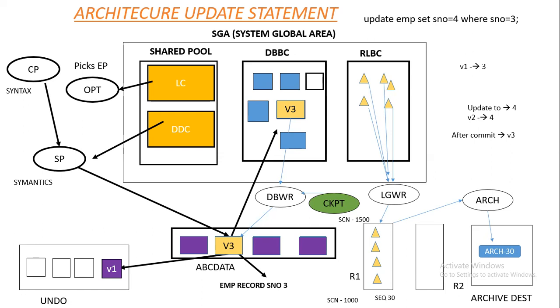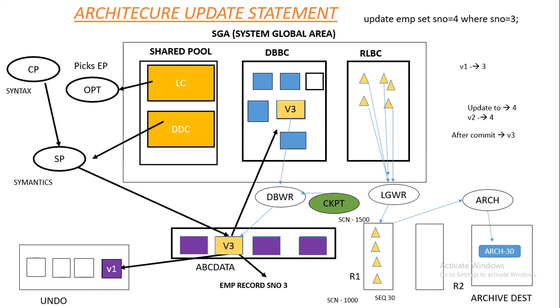Every data file has a header and a body, so it will update each data file header. These are the two actions done by the checkpoint process. And the third is that checkpoint invokes or tells the DB writer to write the data buffers from the database buffer cache to the data files. These are the three steps taken by the checkpoint background process.